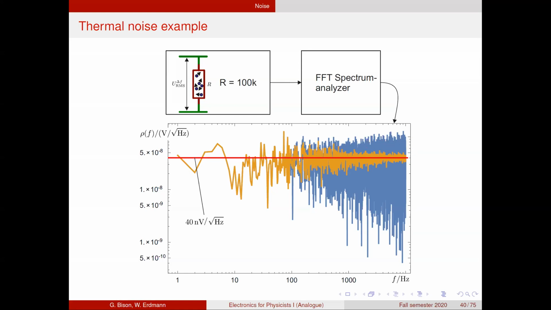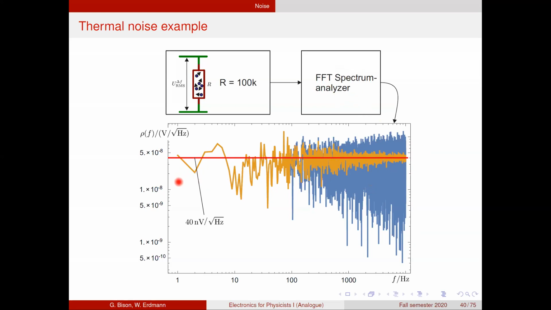This is not true. It's the same statistics at the large frequencies here as at the small frequencies. It just looks like it gets larger because here at the large frequencies, the FFT algorithm produces frequency values with equal frequency separation. It's called the resolution bandwidth of your spectrum analyzer.